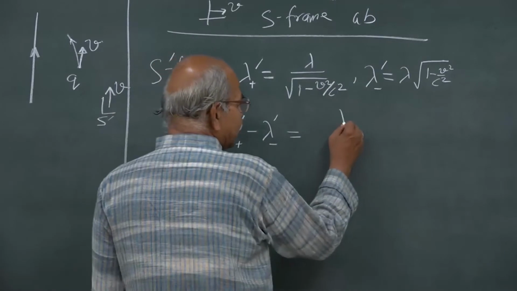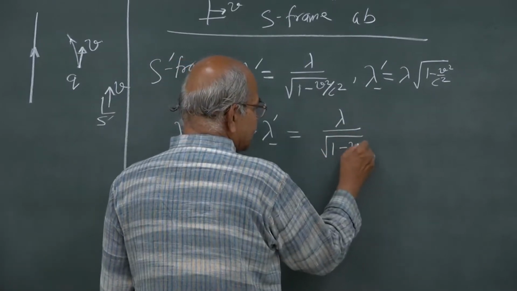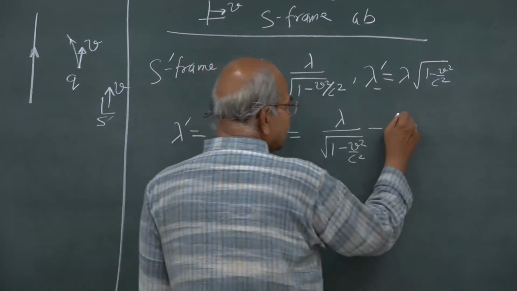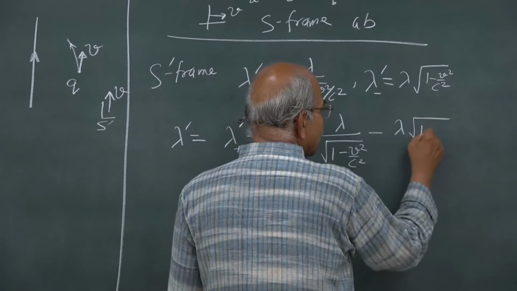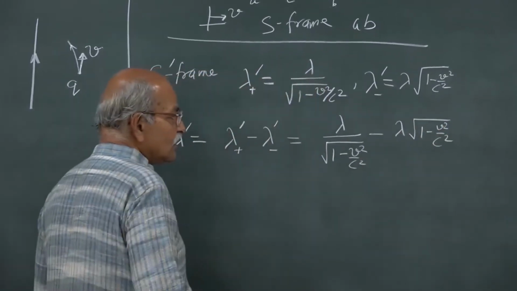So, that will be lambda by square root of 1 minus v square by c square, and then minus lambda into square root of 1 minus v square by c square. Okay.